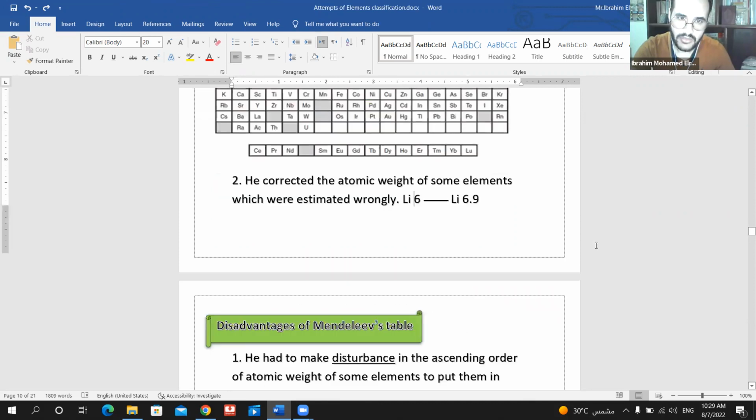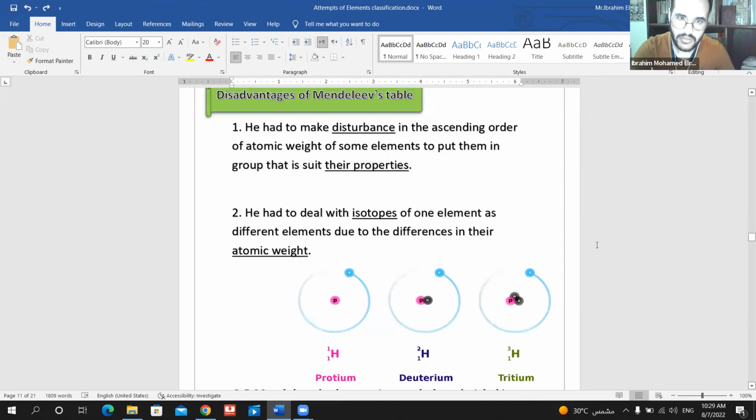Disadvantages of Mendeleev's table, and that is the last thing for our class today. He had to put the elements of the same properties in one group, and of course he had to put the elements according to atomic weight in ascending order from left to right in a horizontal row.